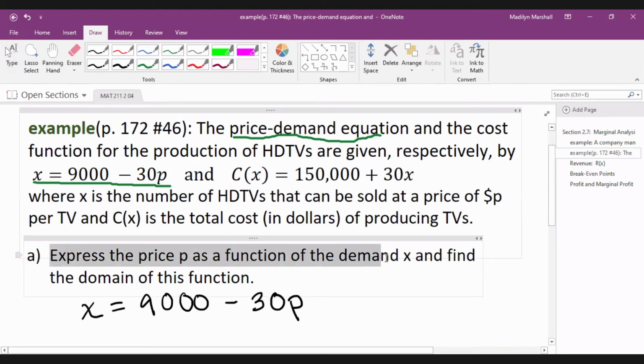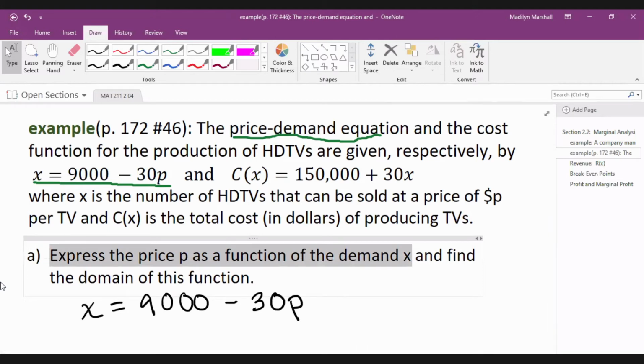This phrase, express P as a function of X. What does that mean? What is that asking us to do? So you rearrange the function so that P is on one side and everything else is on the other? Exactly, yes.